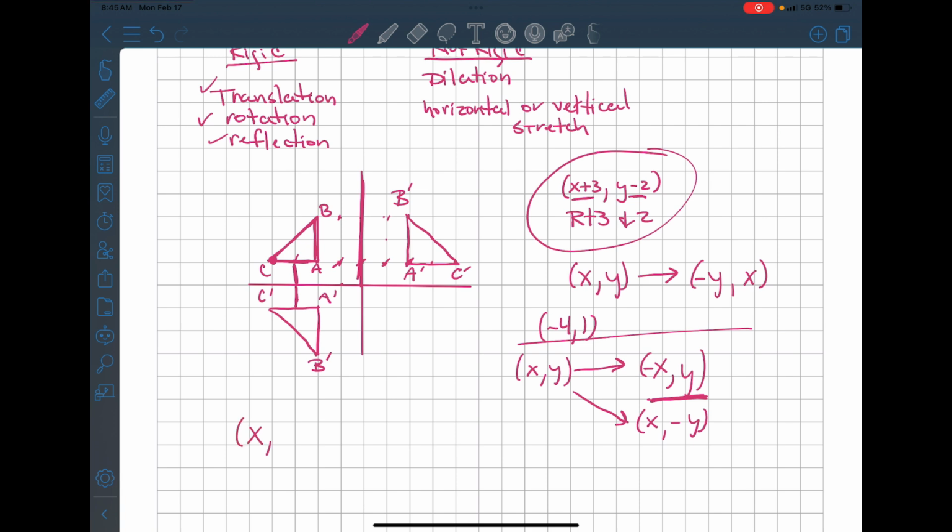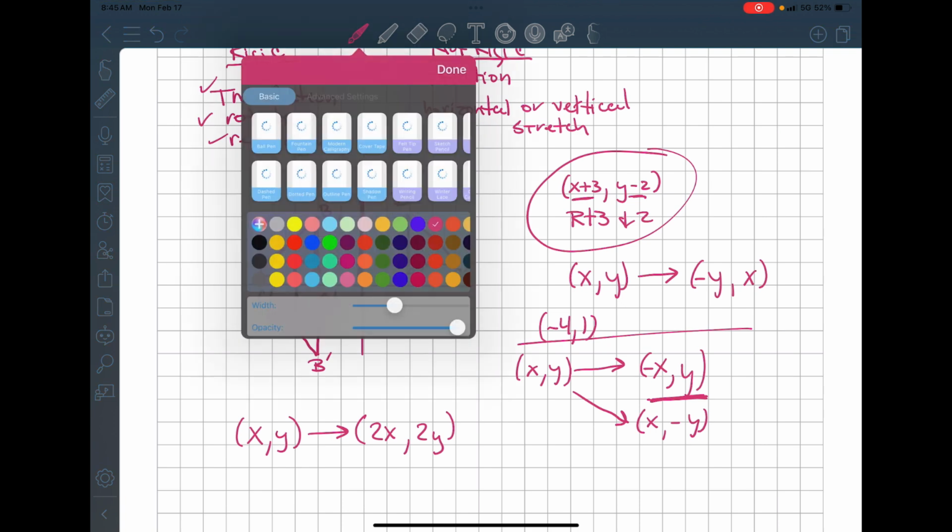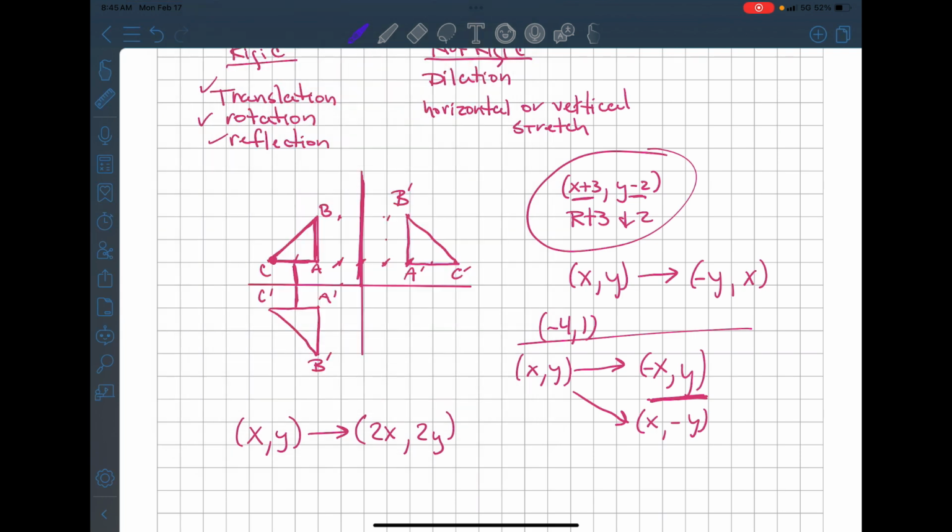And then if we were doing a dilation, I'm just going to show you what that means. So if here is my rule, I am going to multiply x and y by the same number. It has to be multiplied, and it has to be by the same number. So then that makes this larger. So instead of 2 here, we're going to have 4.